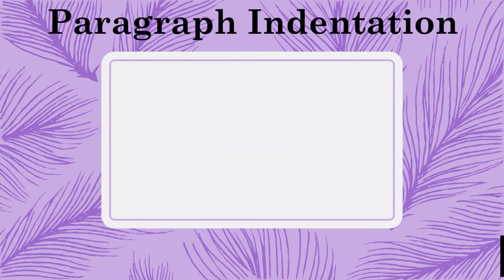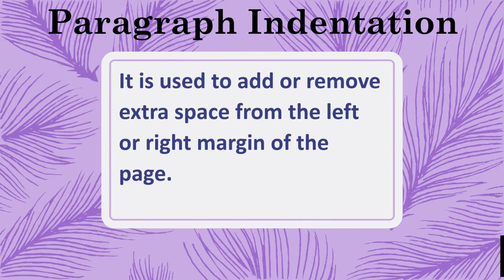Next is paragraph indentation. Indentation stands for adding or removing extra space from the left side or the right side margin of the page. Again, children, this depends entirely on the requirement of the document.